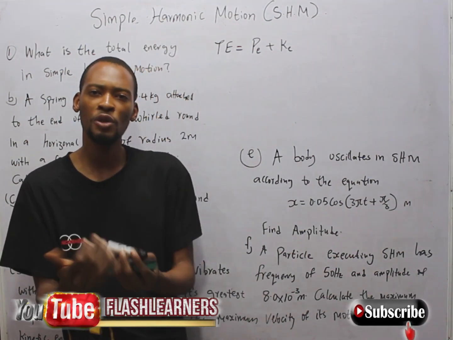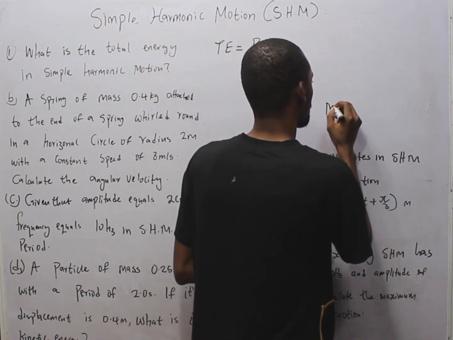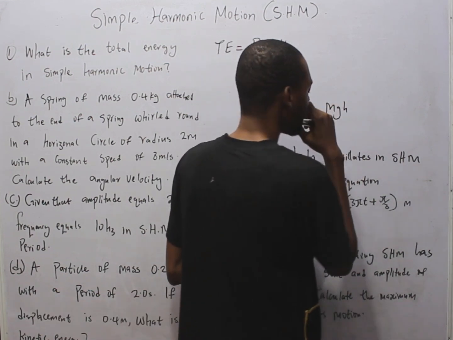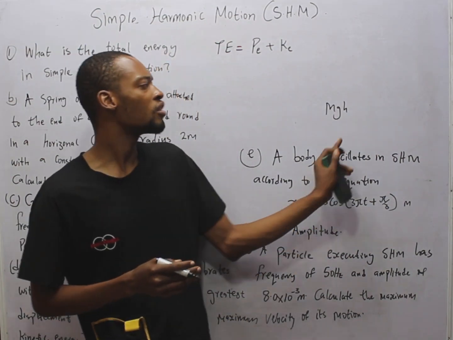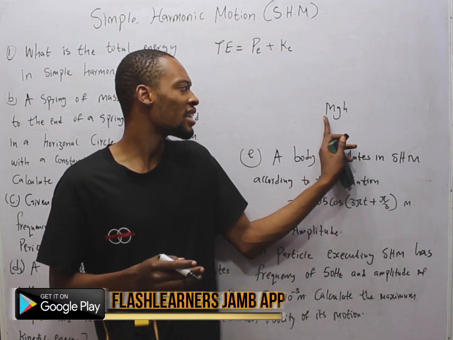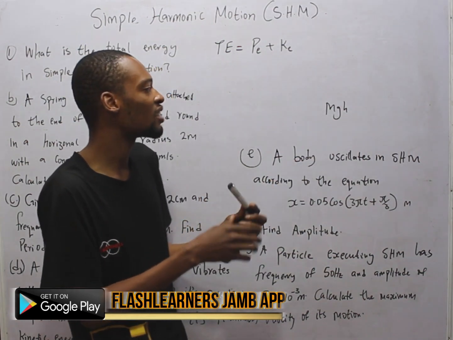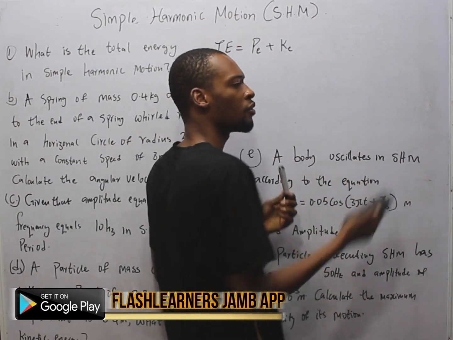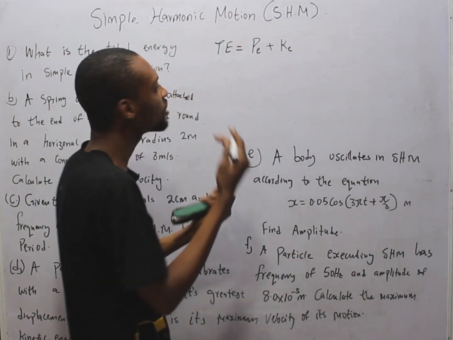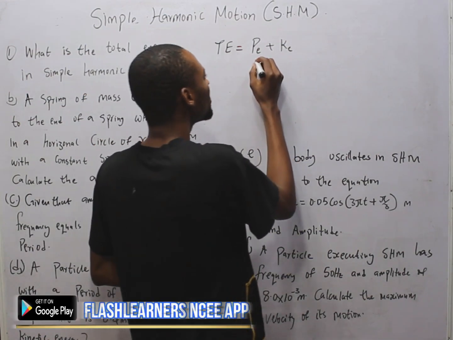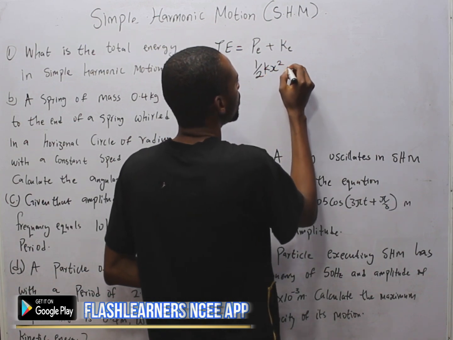For linear motions, potential energy equals mgh, the mass times gravity times height, where height can also be horizontal distance. Meanwhile, for simple harmonic motion, potential energy is half ks squared.